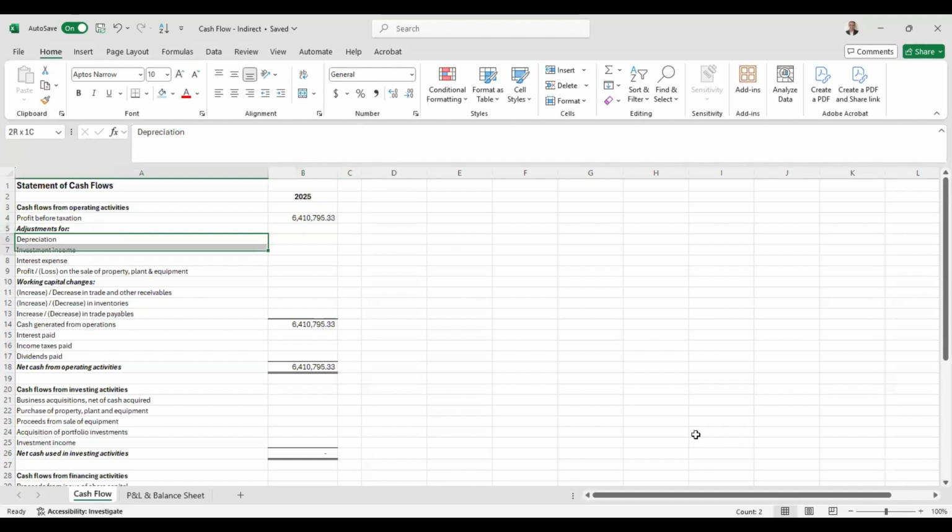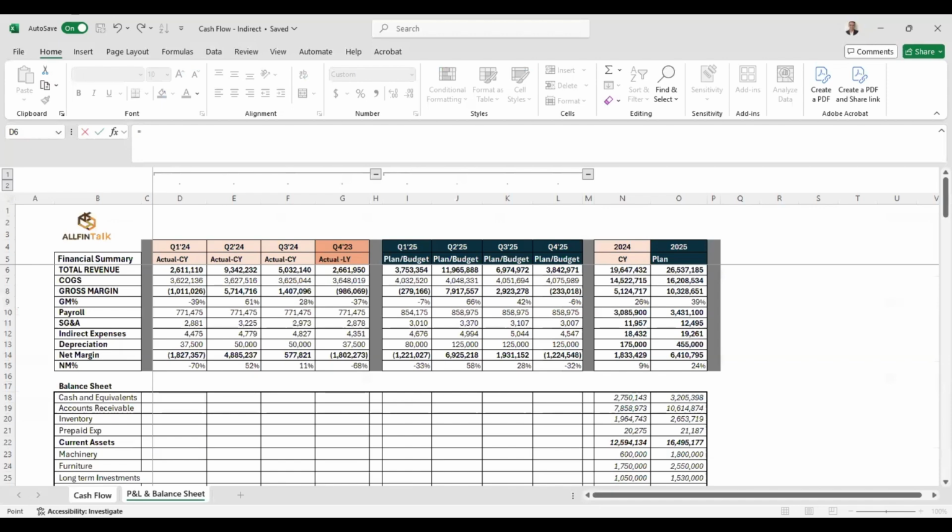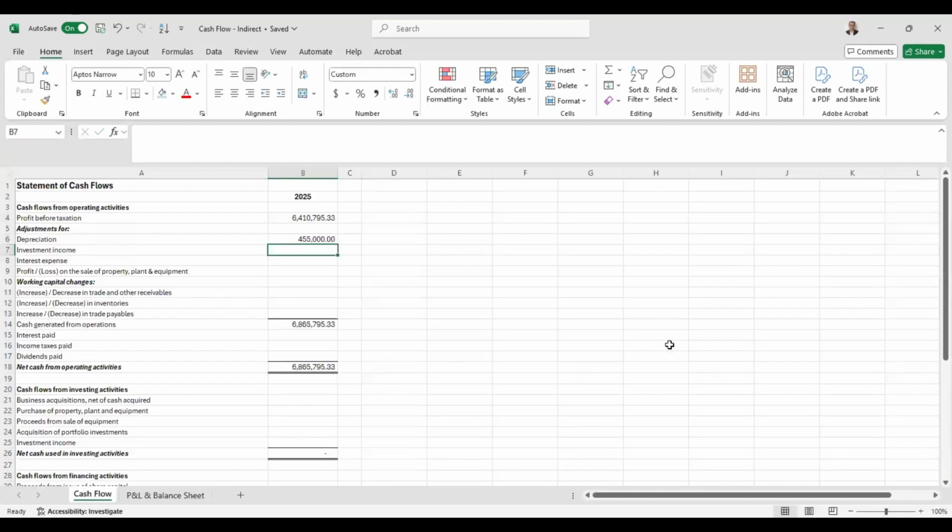Then I would add the non-cash expenses and subtract the non-cash income from here. So I don't have very many non-cash expenses or income. I just had one non-cash expense, which was depreciation in 2025. I would link it with this.